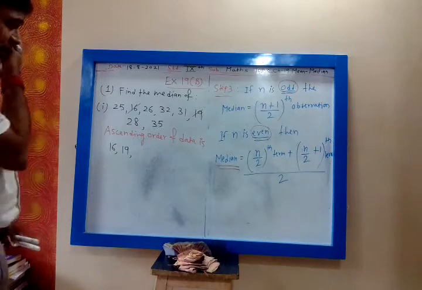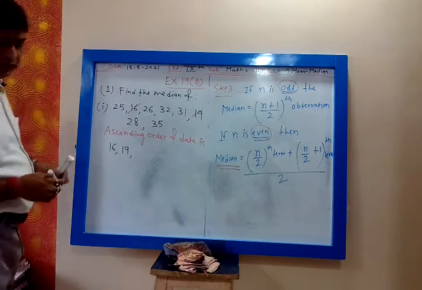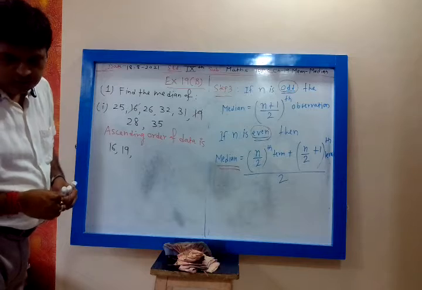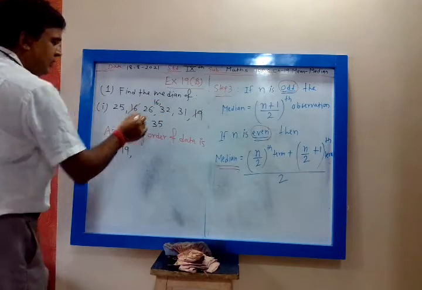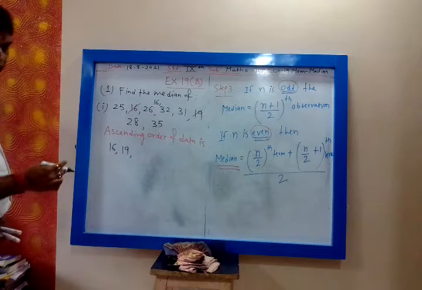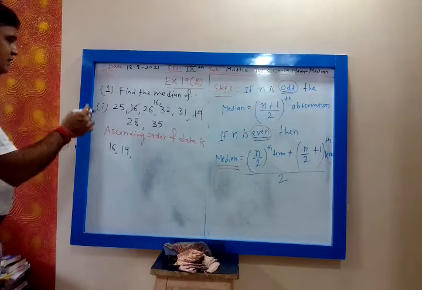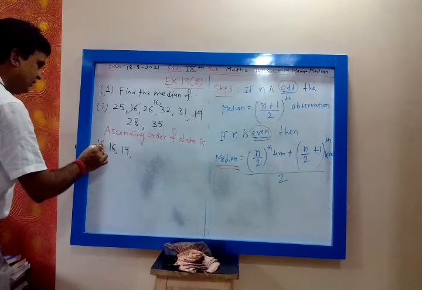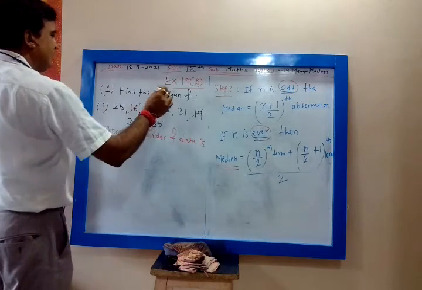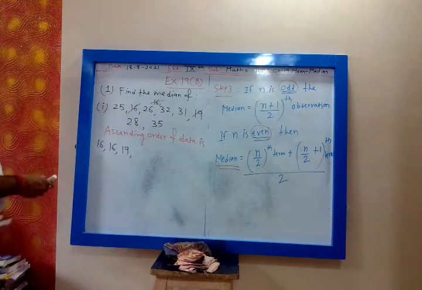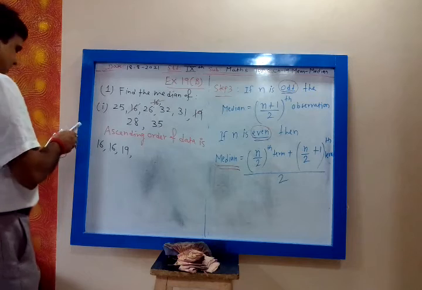There are 2 16. One more 16 is there. So one more 16 will come. This 16 we have cancelled. 19. Now after this, 25.